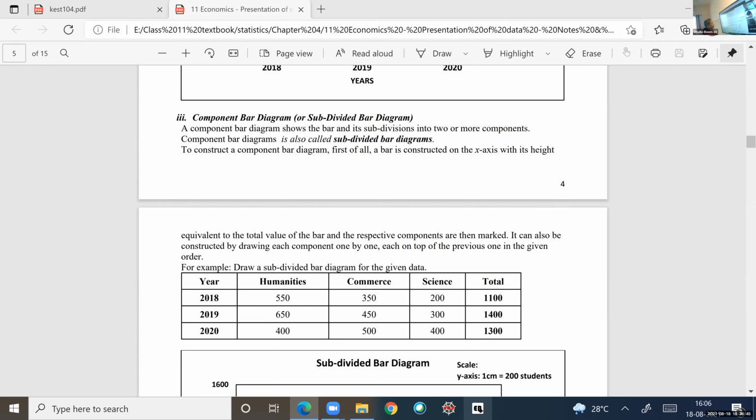You can use different colors for the same, or different patterns can be used for the same subject. If you don't have colors, you can use some pattern neatly. Please do it neatly.